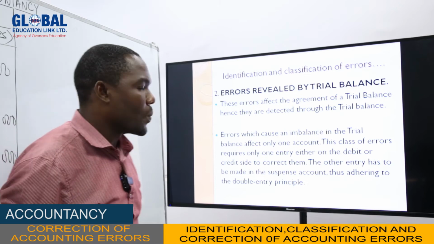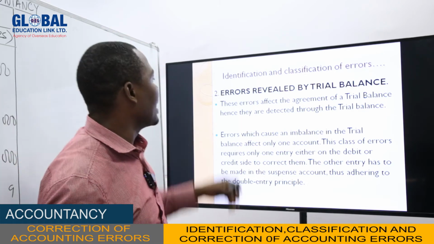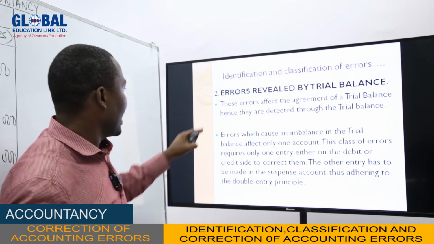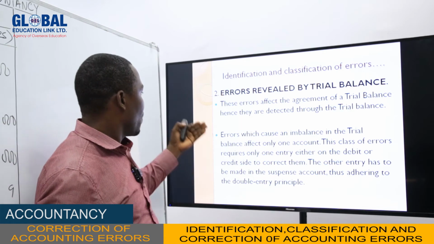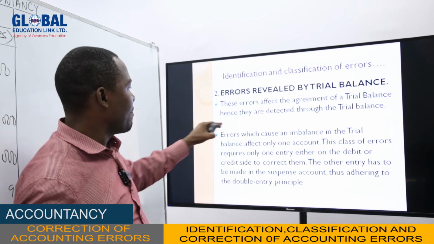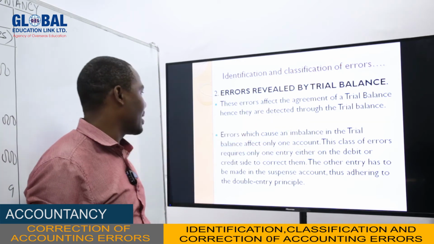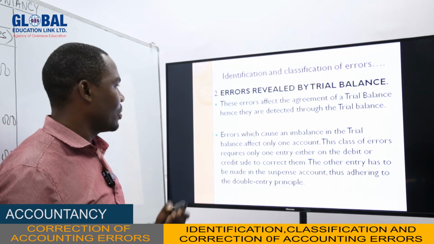Well, let us now go to the second category, errors revealed by the trial balance. When these errors happen, they affect the agreement of the trial balance. So these are detected through the trial balance.